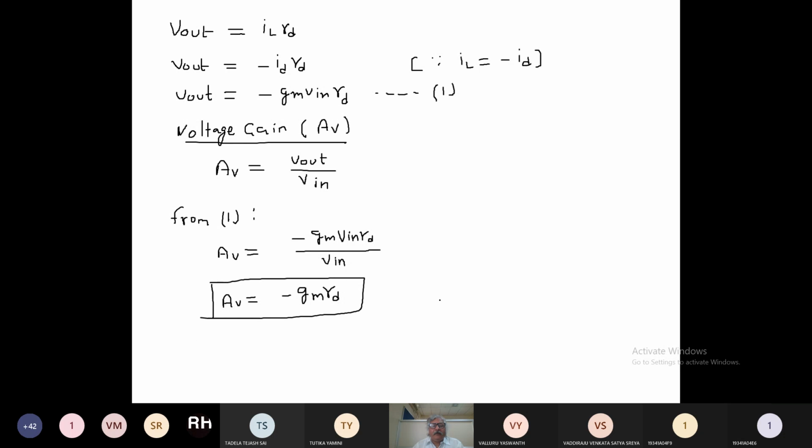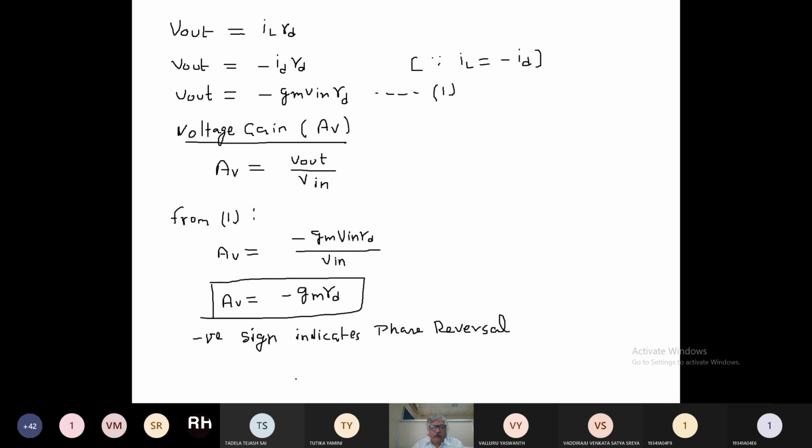So here the minus sign, the negative sign, indicates phase reversal. Right?